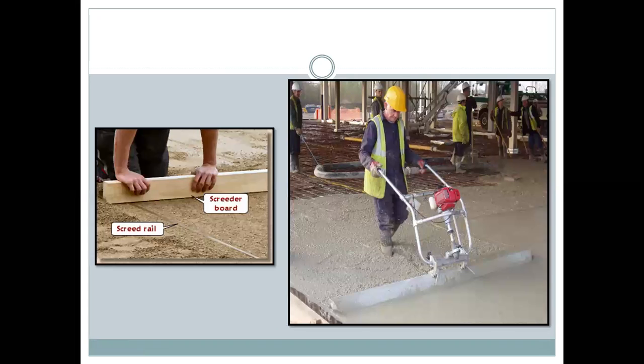As we see in the images, the screed or screed board is a wooden section and it is used to level the surface.